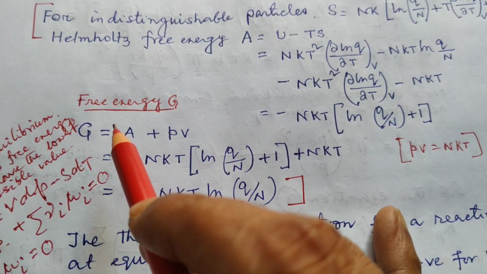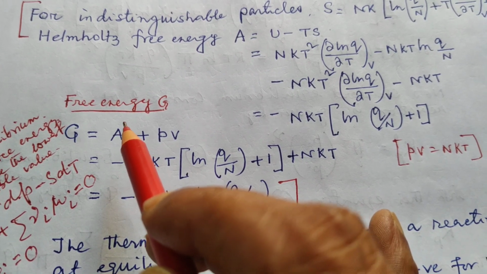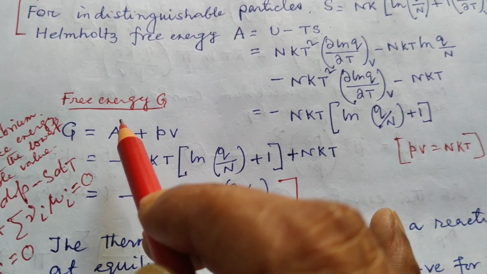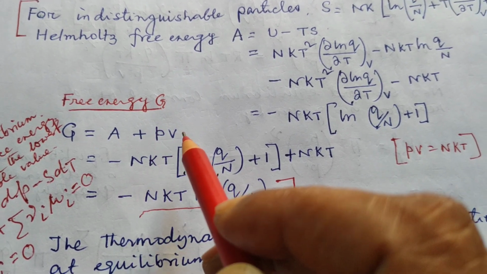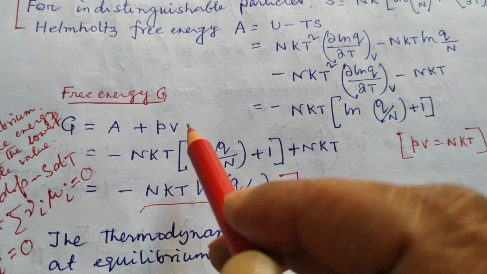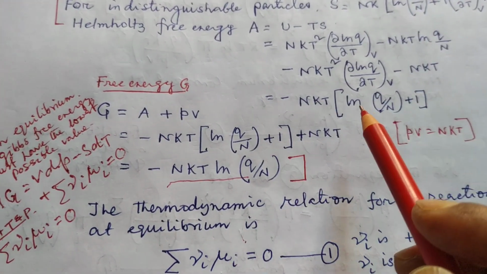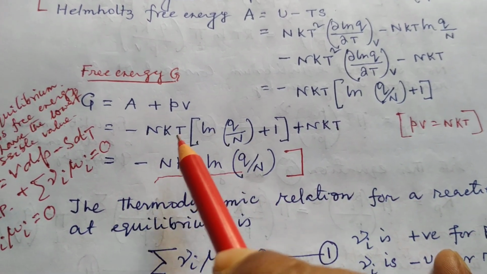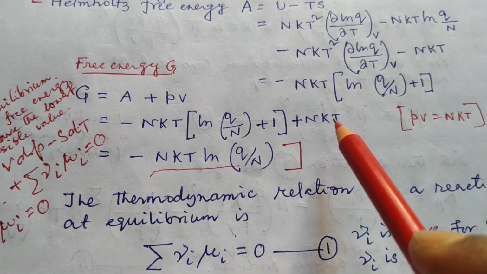Now, the Gibbs free energy bears a relationship with the Helmholtz free energy and the product of P and V as G equals A plus PV. If we put the value of A here, this equals minus NkT [ln(q/N) plus 1], and PV equals NkT.